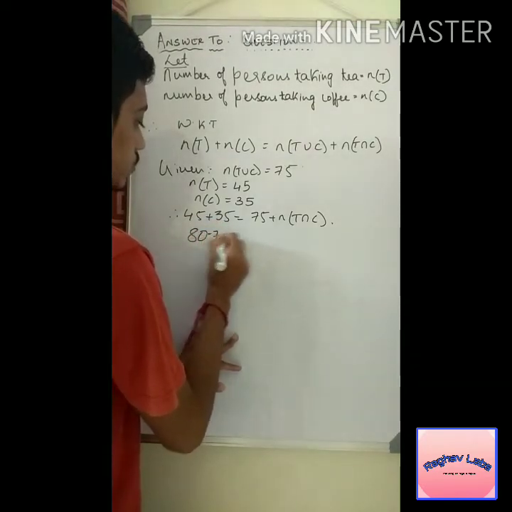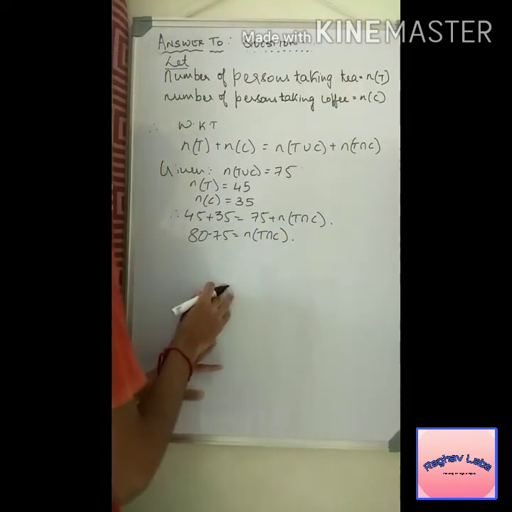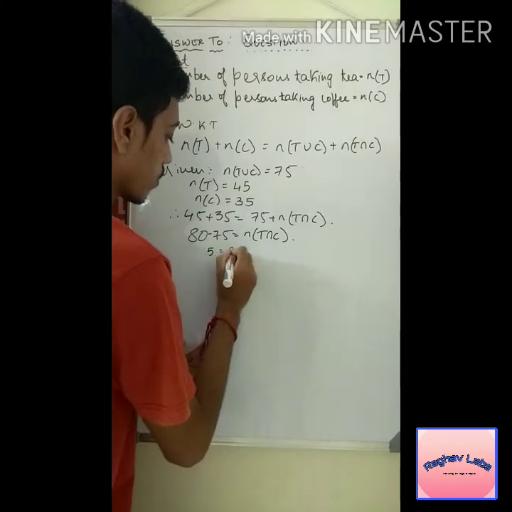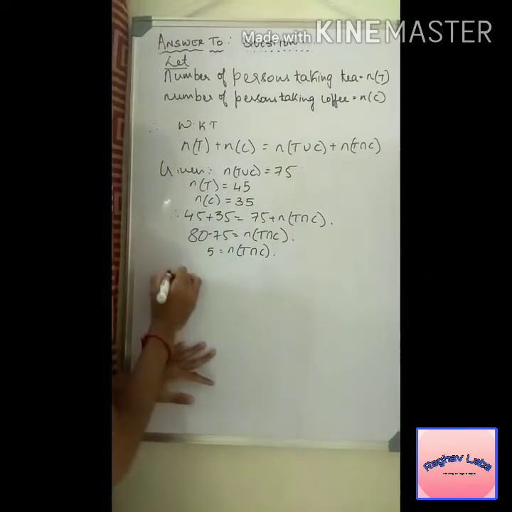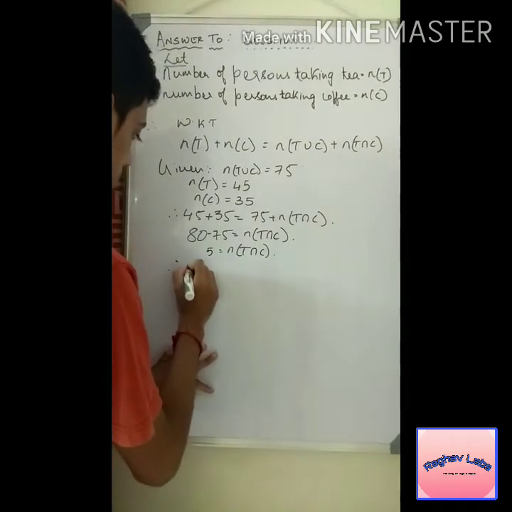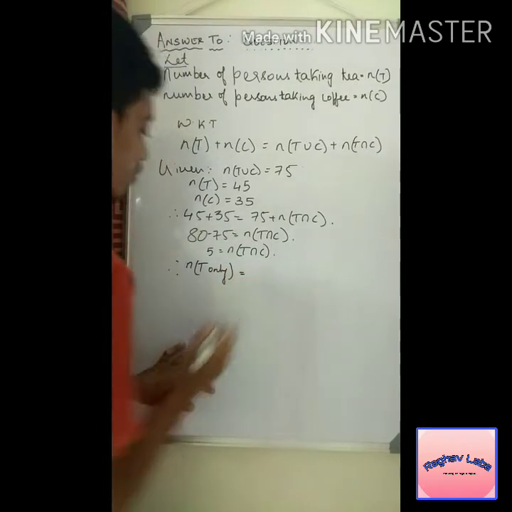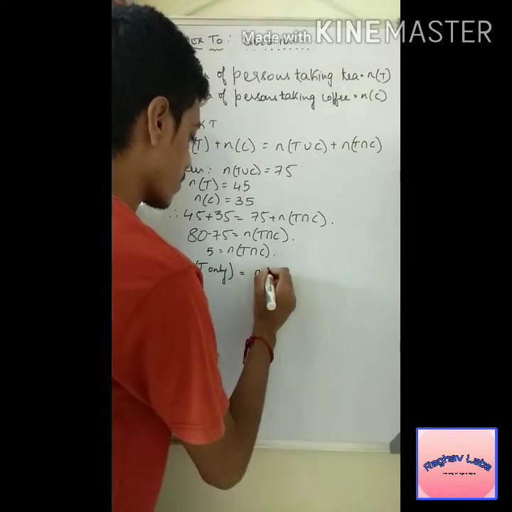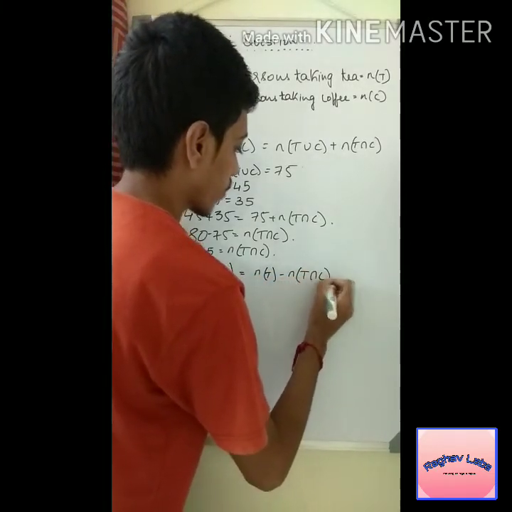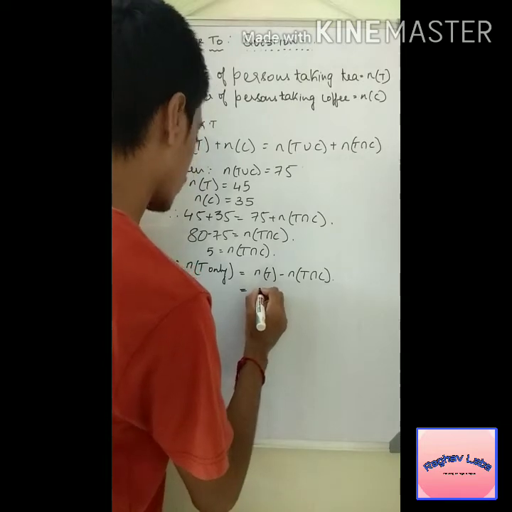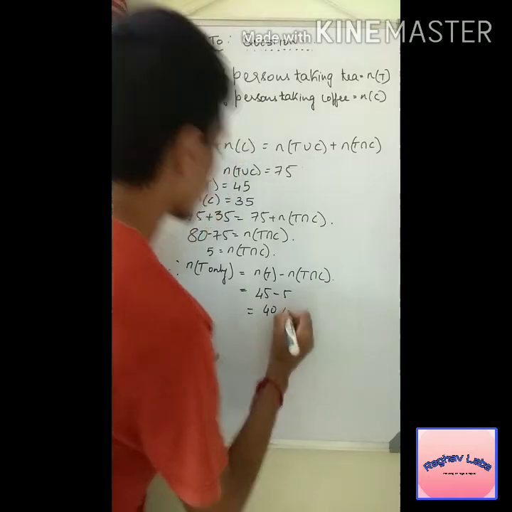So 45 plus 35 is equal to 80, minus 75 gives n of T intersection C. We get 5 is equal to n of T intersection C. So the number of persons taking tea only, n of T only, is equal to n of T minus n of T intersection C. So we get 45 minus 5 is equal to 40.